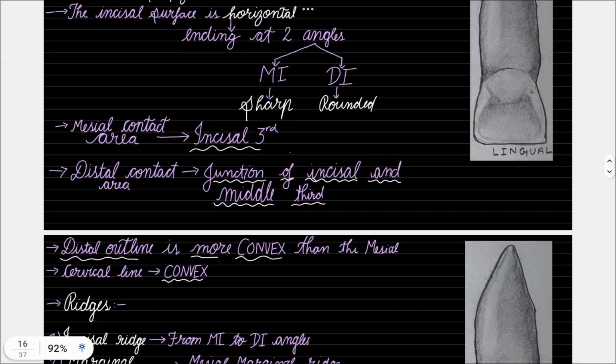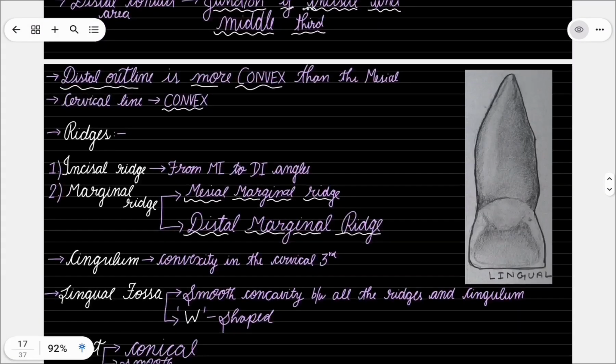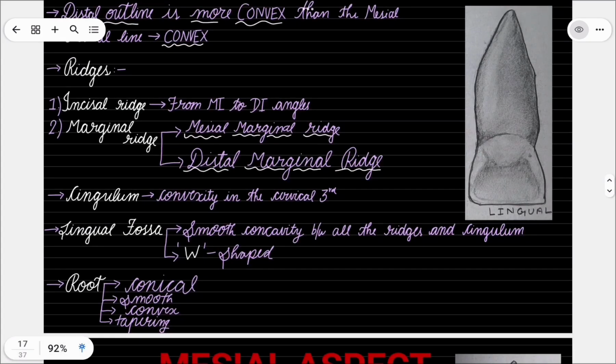We have the same contact areas. So the mesial contact area will be in the incisal third and distal contact area will be at the junction of incisal and middle third. The distal outline will be more convex than the mesial outline. Now what is additional over here is that from the lingual aspect you will be able to see ridges. As you know, ridges are linear elevations.